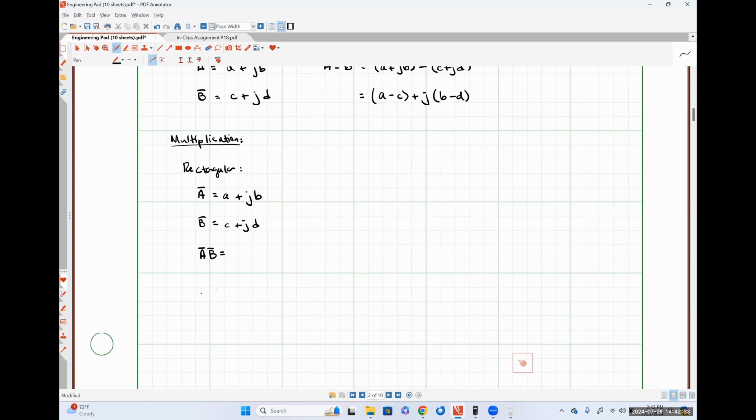I also will not do A asterisk B, because that looks too much like you're taking the conjugate of A and multiplying it by complex number B. So whenever you see two complex numbers next to each other, that means multiply.